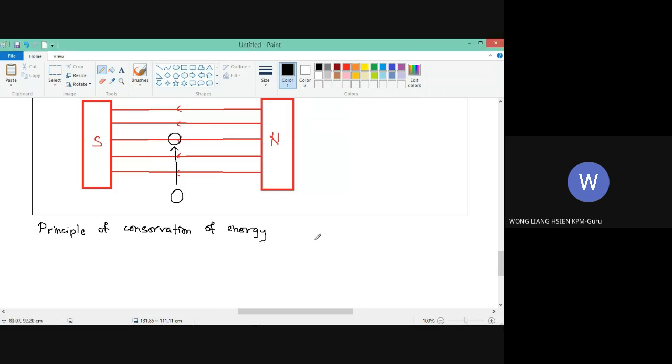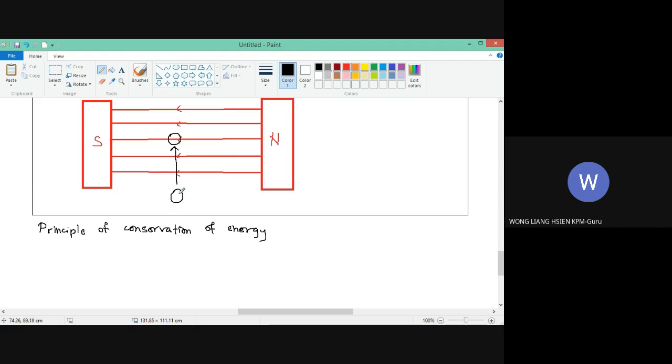Okay, so let's continue. We want to supply energy, then only can we get electrical energy. So of course it's the same thing here. When we push the wire in and cut the magnetic flux, we give the wire kinetic energy.